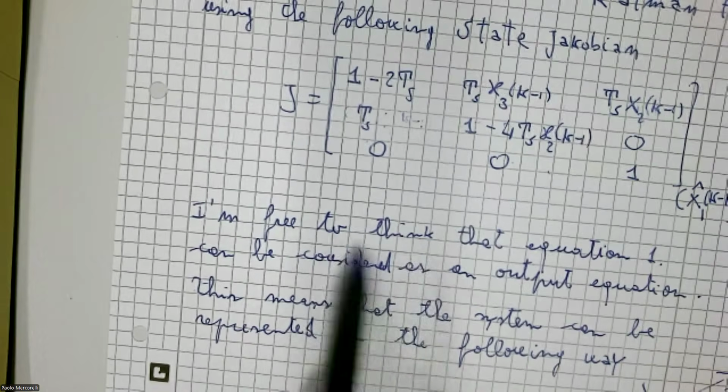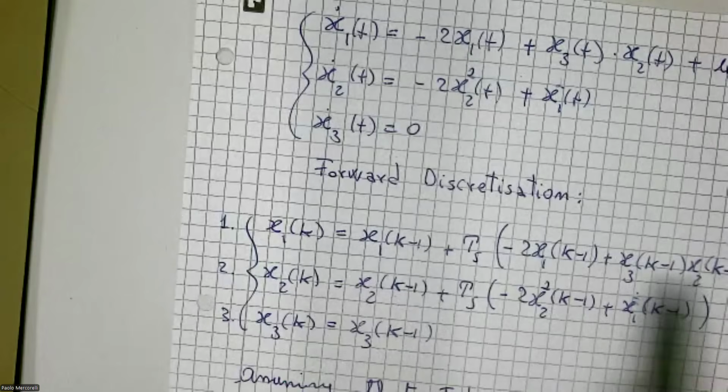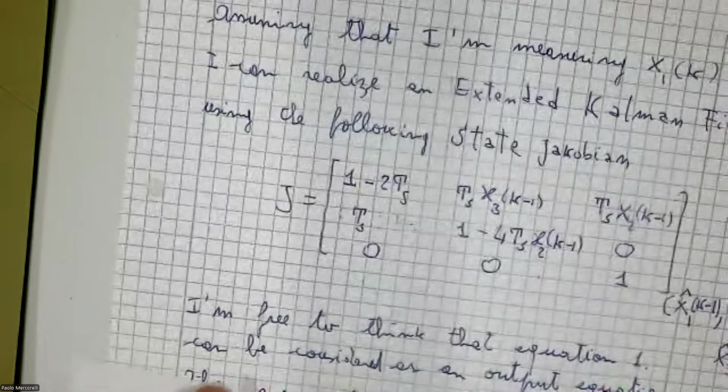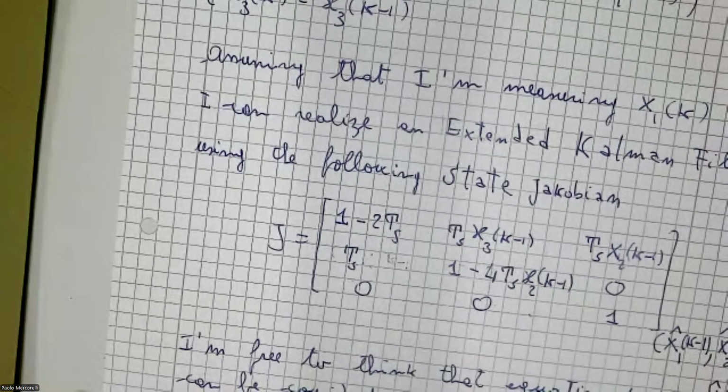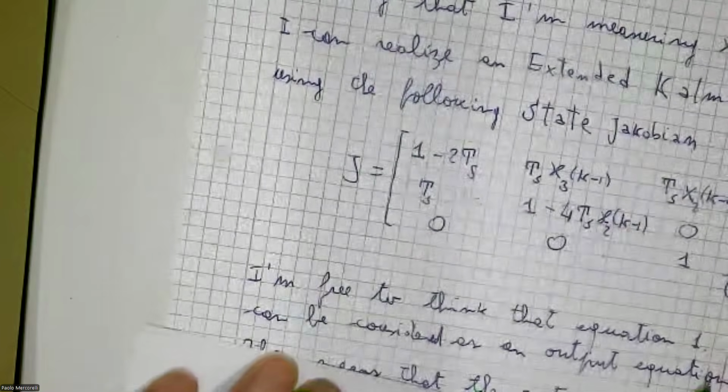But to think strongly that equation 1, but not only equation 1, I will show you a little bit later, even though I will consider just one case, can be considered as an output equation. Not only equation 1, also equation 2. Theoretically, also equation 3.